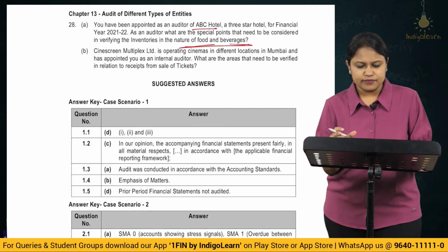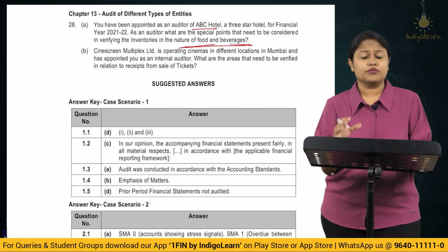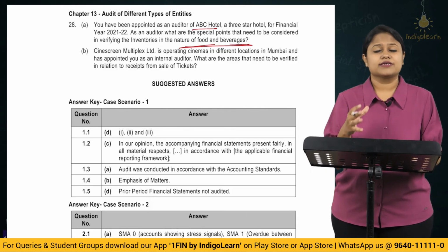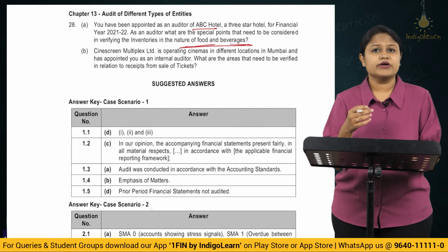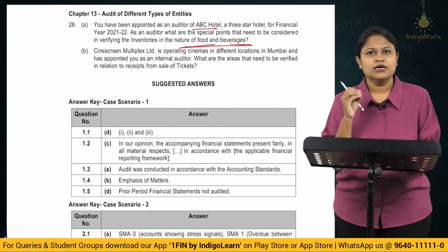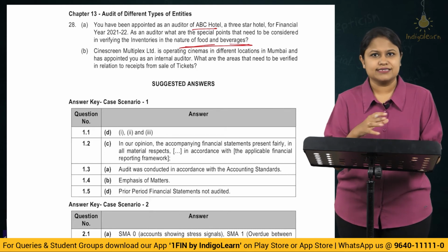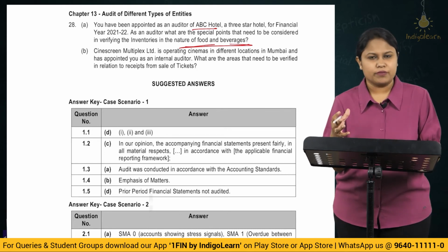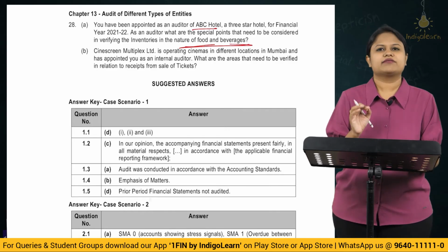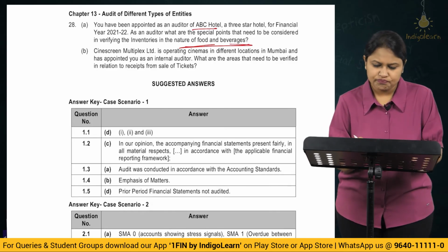So food and beverage is one of the areas where there could be a possibility of manipulation, fraud possible. It's an element which is a fraud risk, okay, because the movement is going to be very fast and your control has to be very strong, and you have to properly check whether the movement, that is issue, and all of that is happening properly or not, okay. So we'll look into the answer now and check what are the appropriate things which the auditor has to take into consideration.